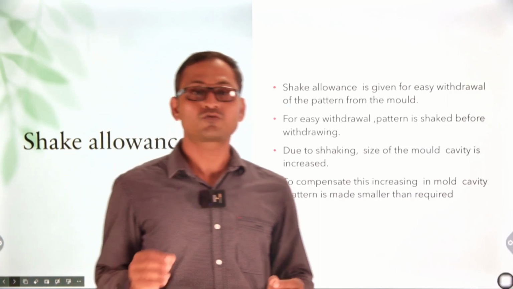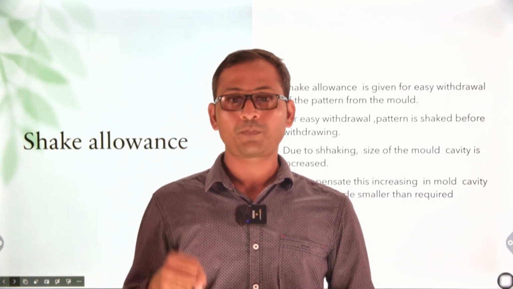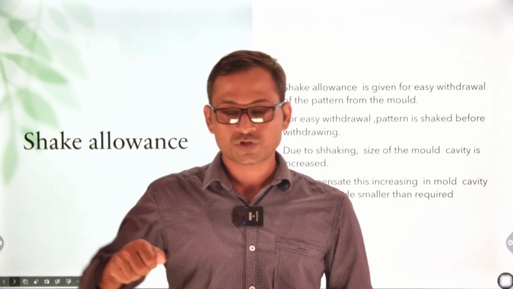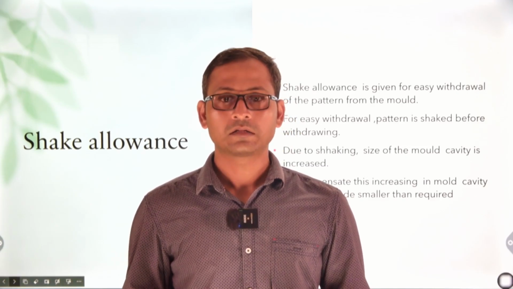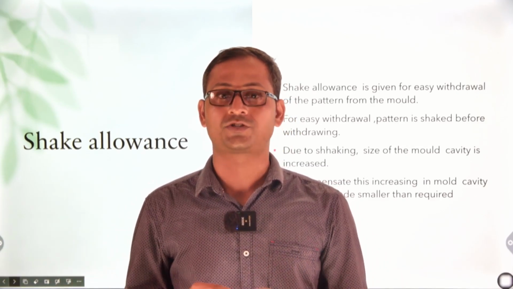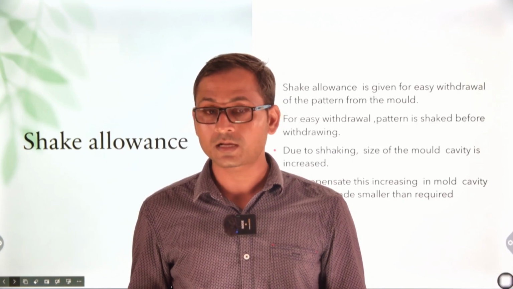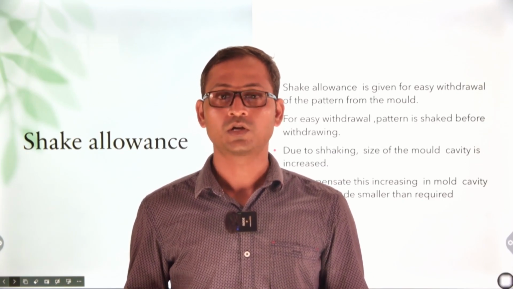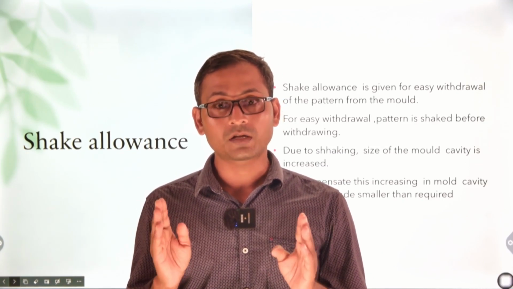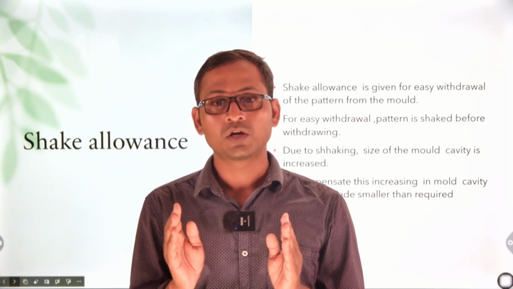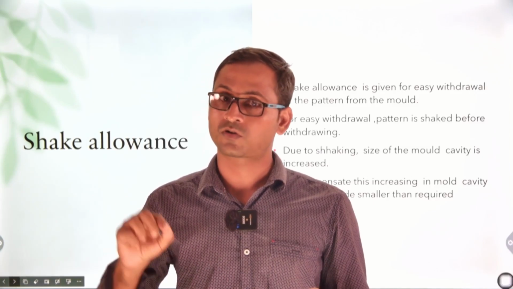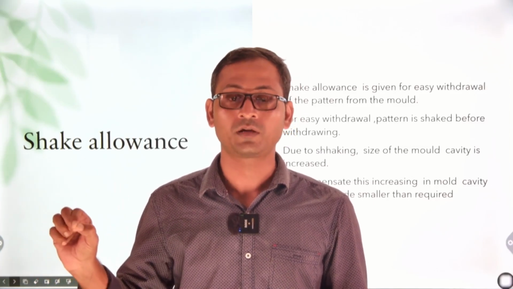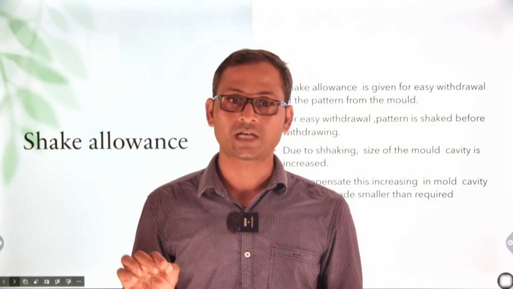So shake allowance, what happens? For easy withdrawal of the pattern from the mold, we have to shake the pattern. In this process, the size of the mold cavity increases, but we don't want that unnecessary increase. So we make the pattern somewhat smaller than required, so that when you shake, the actual mold cavity will match the corresponding size of the pattern.